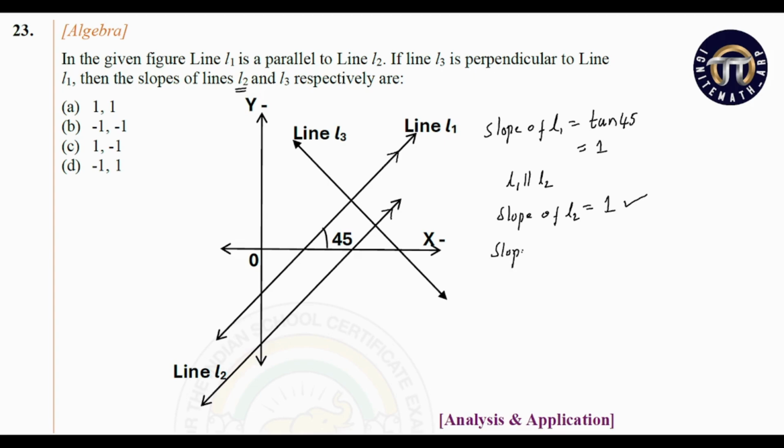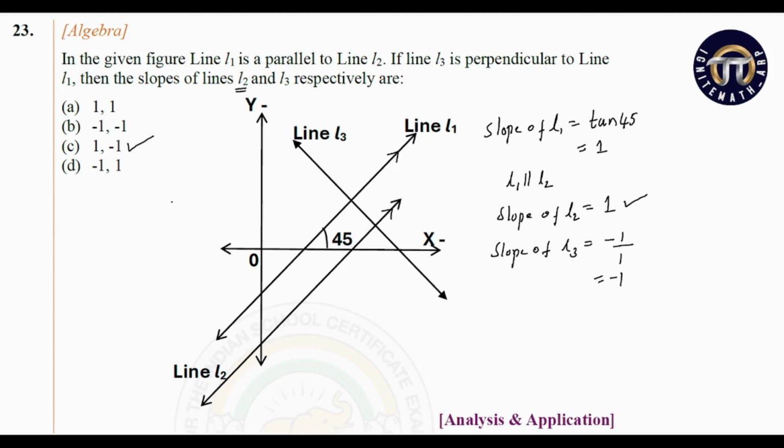So slope of the line L3 is equal to the negative reciprocal of slope of L2, that is equal to minus 1. Clear, children? So the slope of L2 is 1 and slope of L3 is minus 1. So 1 comma minus 1. Where is the option? 1 comma minus 1. This is the right option.